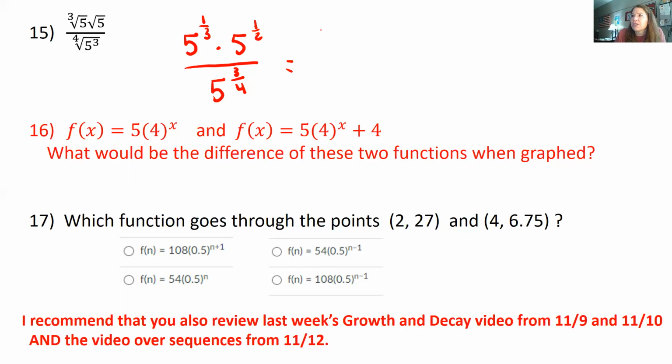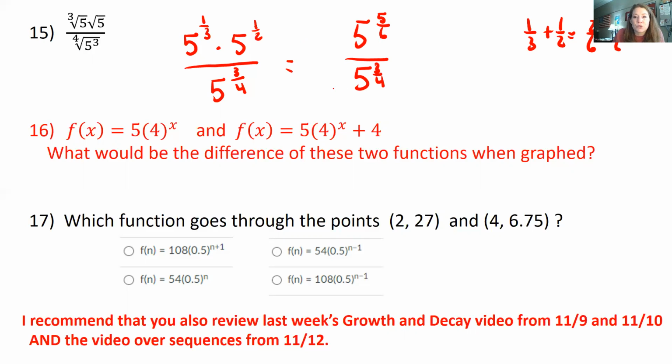So first thing we're going to do is add. So we need a common denominator. So 1/3 plus 1/2. I think we've already added these numbers today. So we have 2/6 plus 3/6. So this is going to be 5 to the 5/6 divided by 5 to the 3/4. So now we're going to subtract.